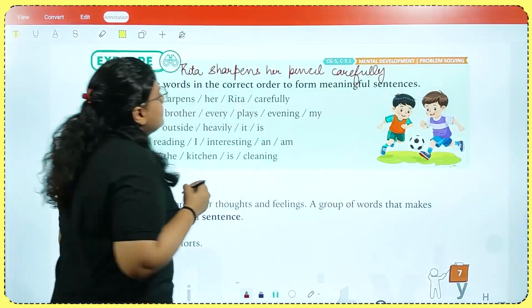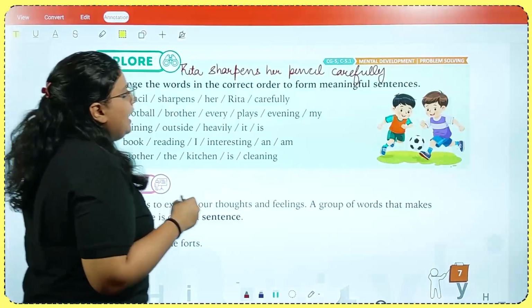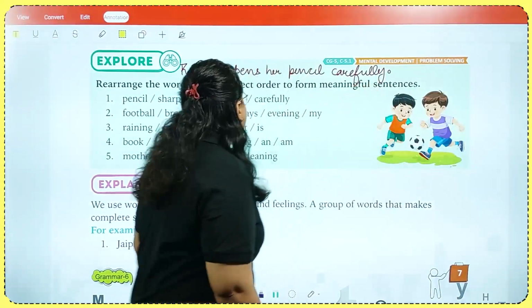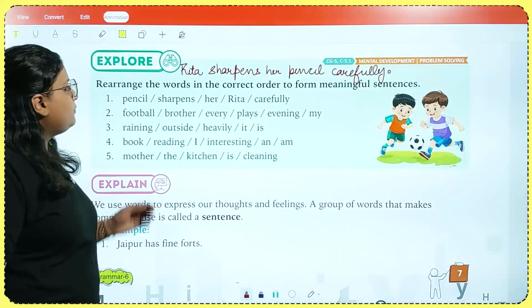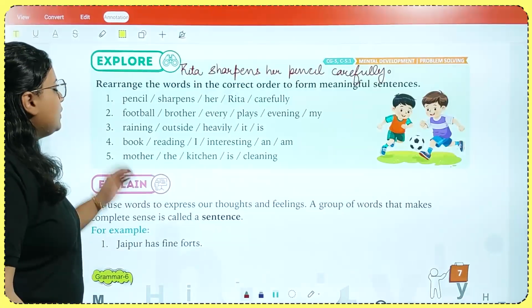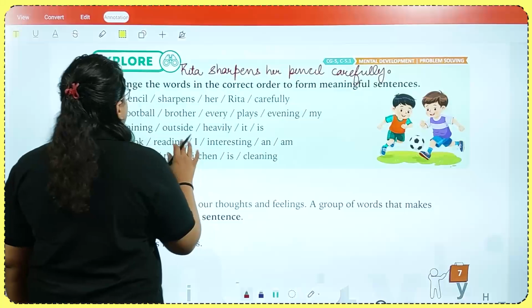So this is the correct sentence. And at the end, we have to use a full stop. Next: football brother every place evening mine. So to arrange this sentence properly, what can we write?